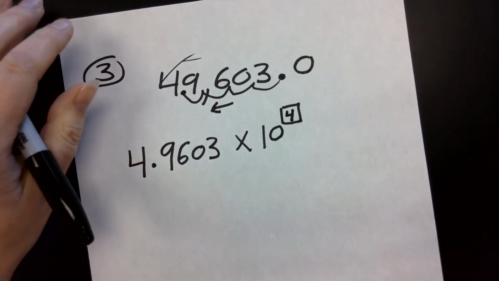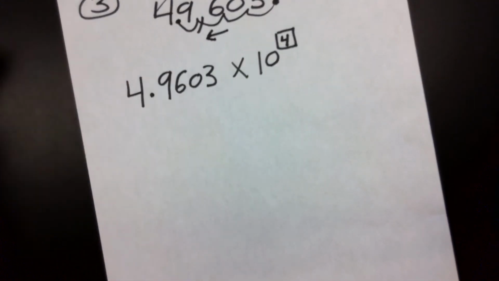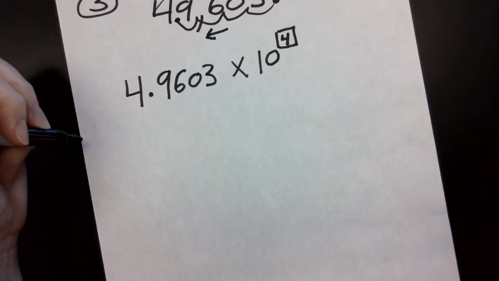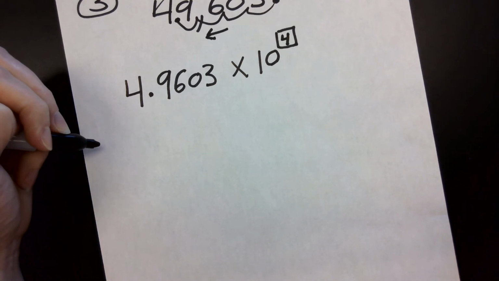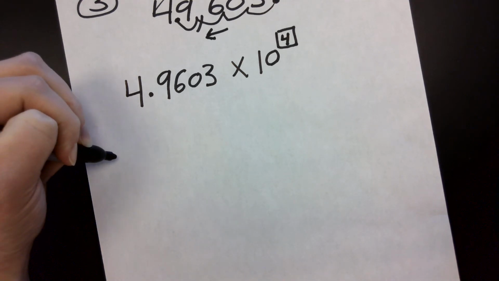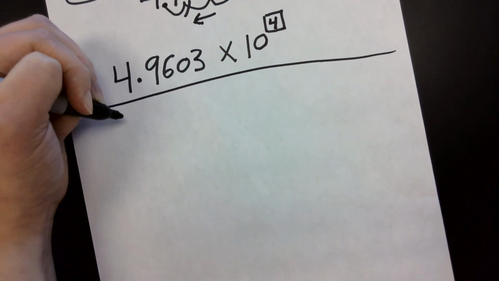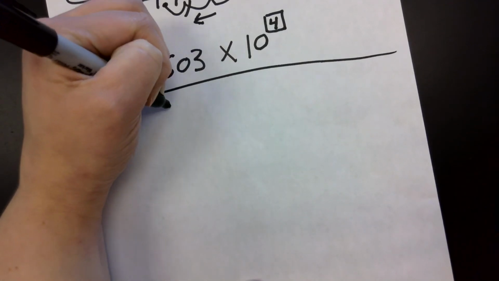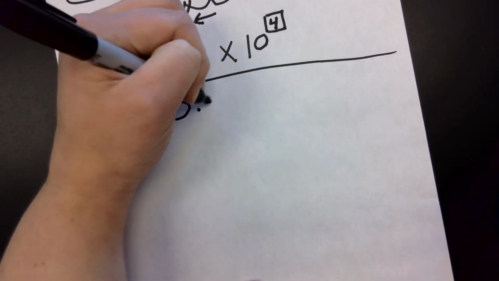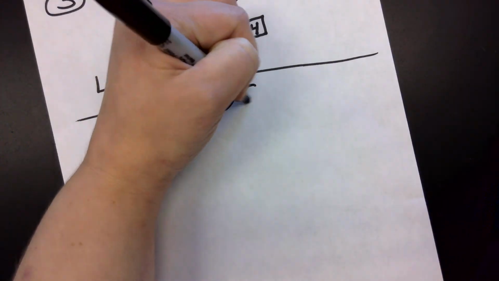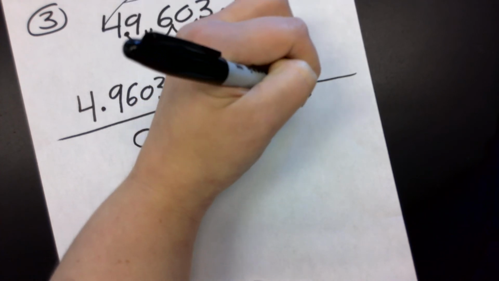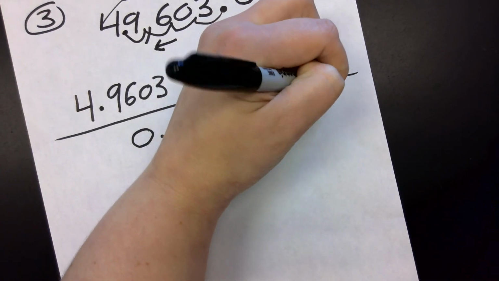I'm going to do one that's not on our worksheet, but it's going to show us a smaller number and how to convert that. So, special extra. Say you had the number 0.00006549.